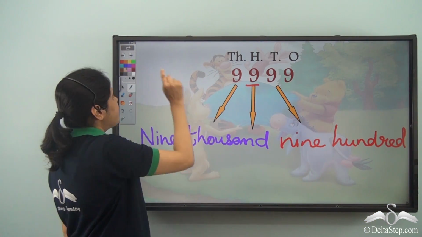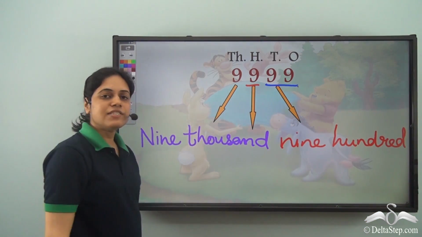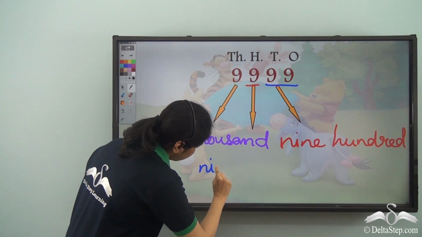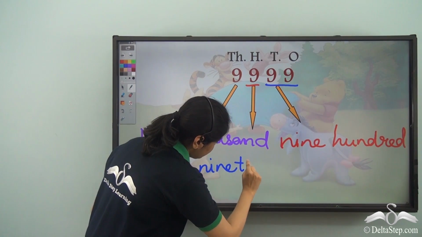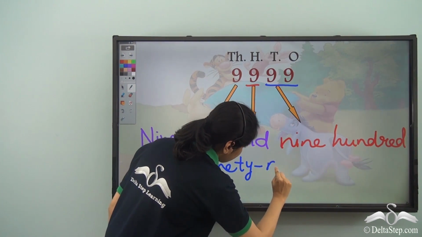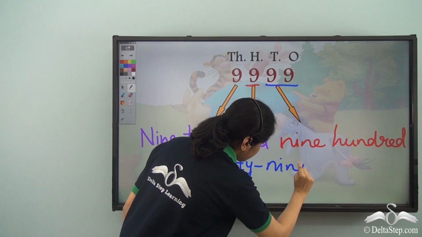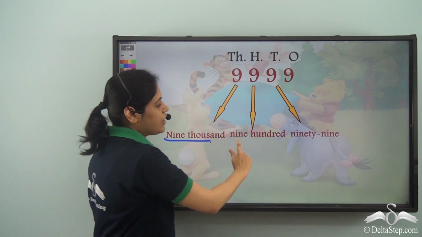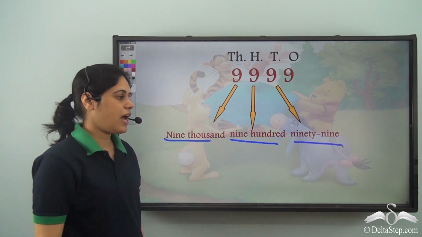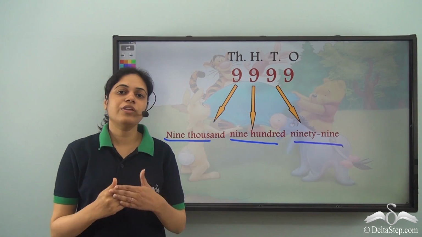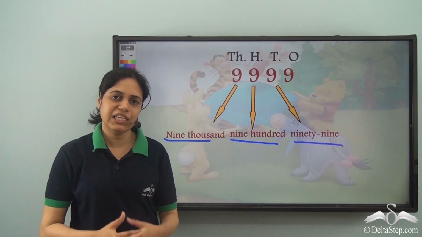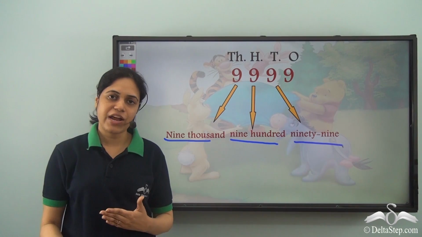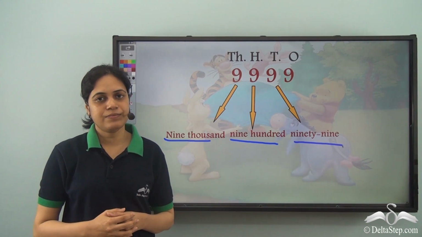And I have 9 in the tens and ones place, which make it 99. So this is nine thousand nine hundred ninety-nine. So this is how you can write the number name of any 4-digit number. So do write some 4-digit numbers and write their number names.